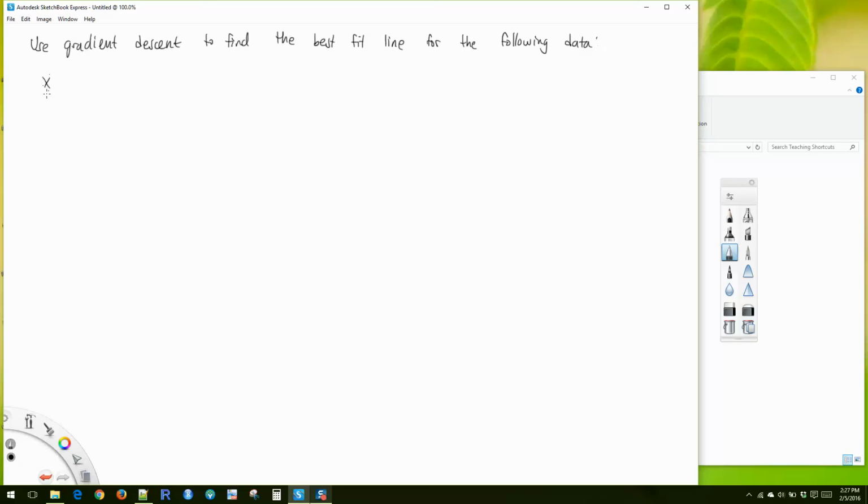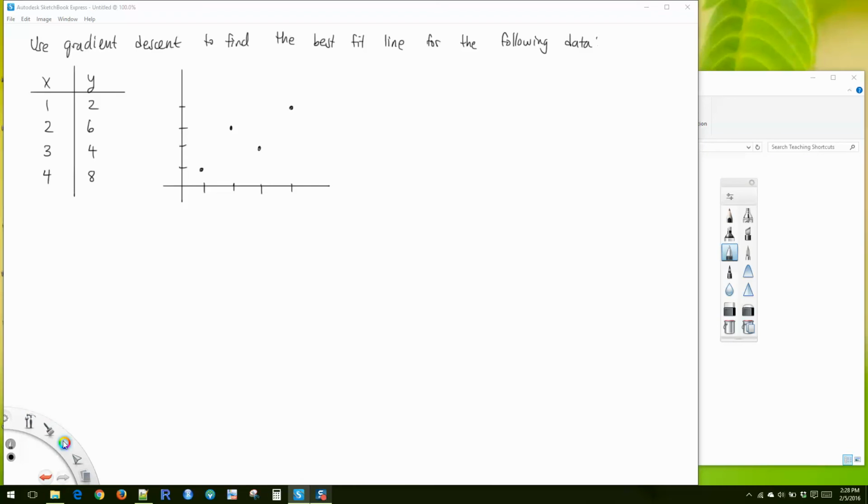So I have X, and I've got Y, and I've got 1, 2, 3, 4, and this will be 2, 6, 4, 8. What is the best fit line? Something like this.